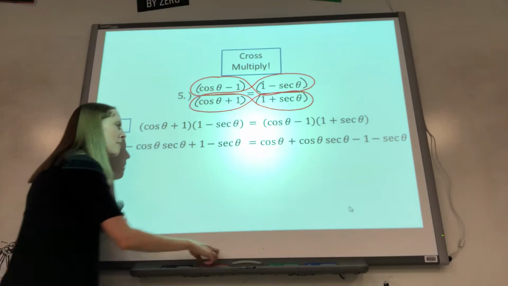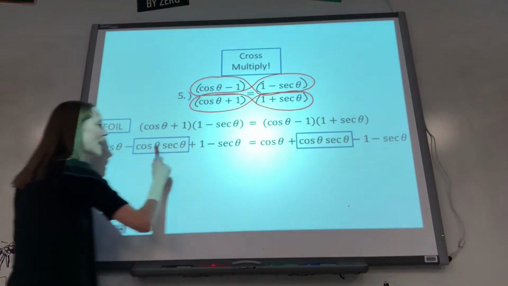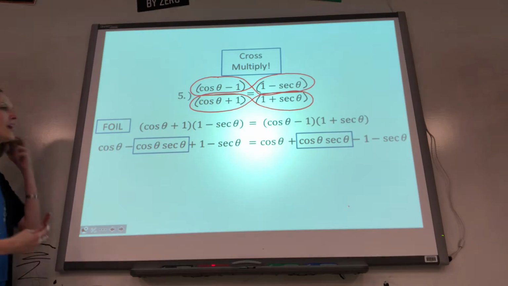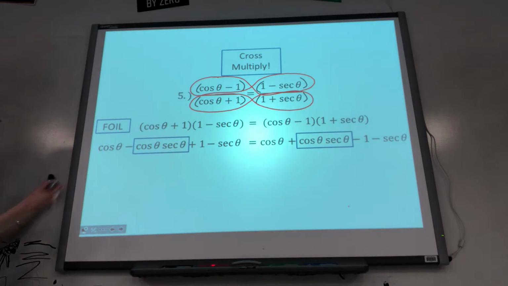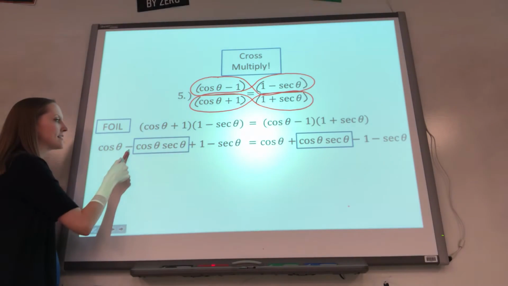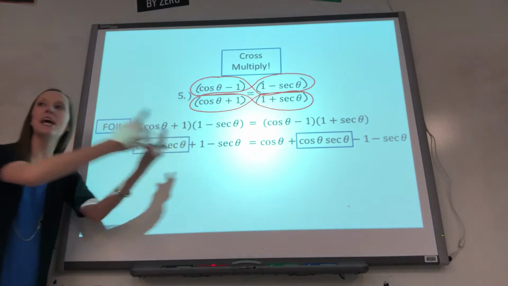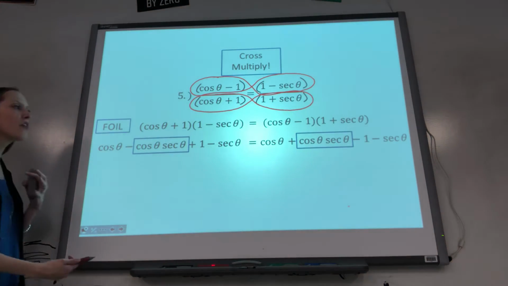Now, what I'm noticing right now are these two terms right here. I had a question second period, I think. Can you just cancel those out? Because that's a minus and that's a plus. If they were on the same side, you could cancel them.